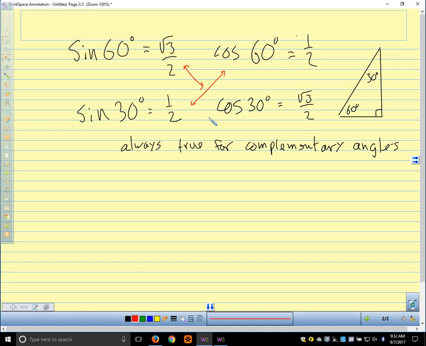The way that we write this algebraically, I'm going to call our cofunction identities.